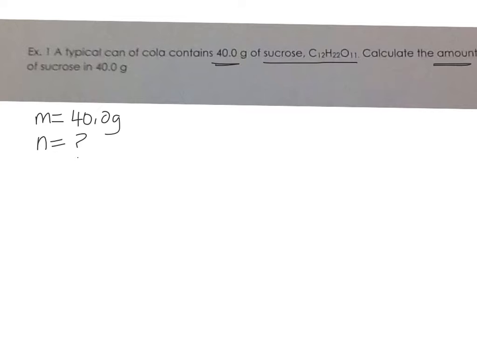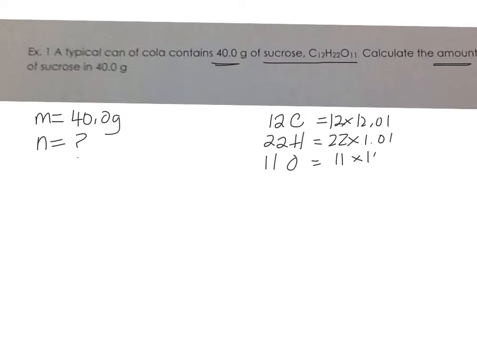So we've got 12 carbons, 22 hydrogens, and 11 oxygens. So this is 12 times 12.01, 22 times 1.01, and 11 times 16.